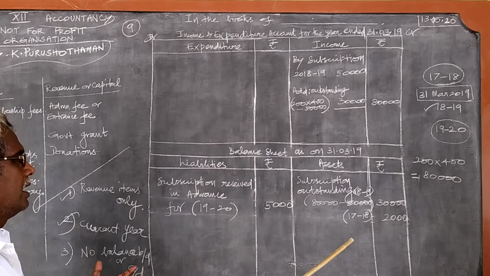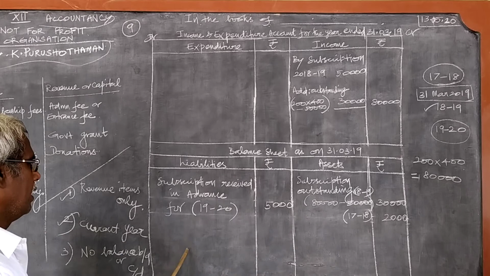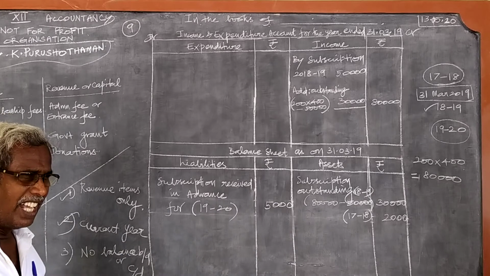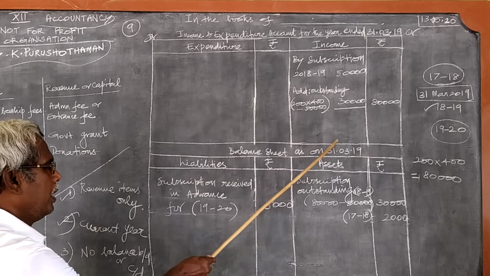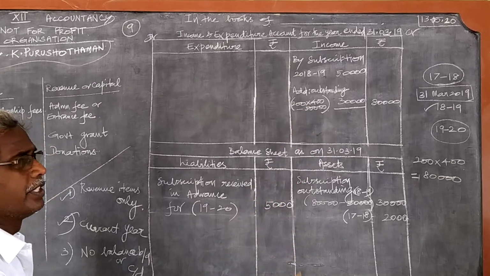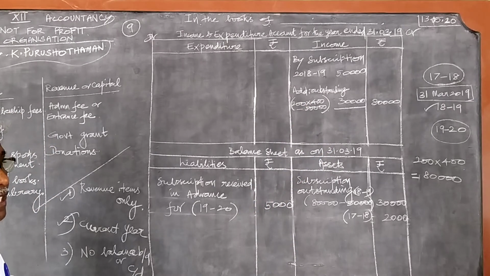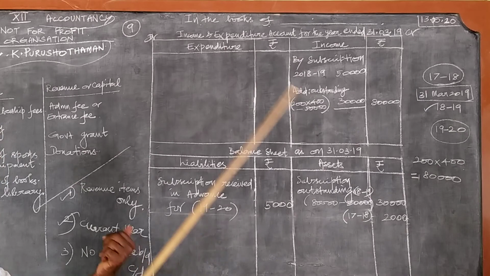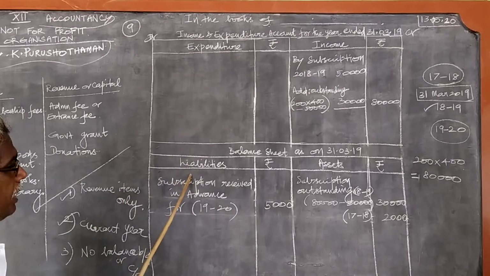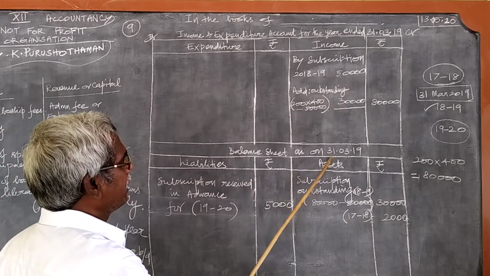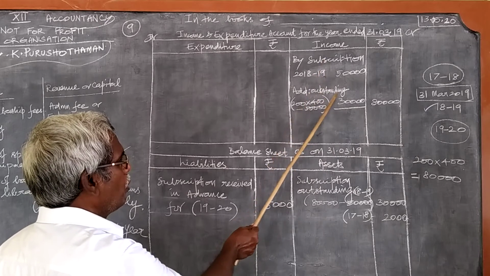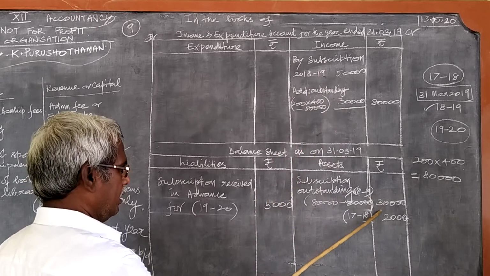What will appear on the asset side and what will appear on the liability side? On the asset side, if there is any outstanding subscription for the accounting year, we should write. If there is any subscription received in advance, that should be written on the liability side. Here, as per the calculations shown already, for the accounting year, the pending amount, that is outstanding amount, is 30,000.